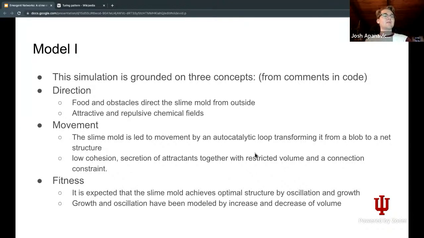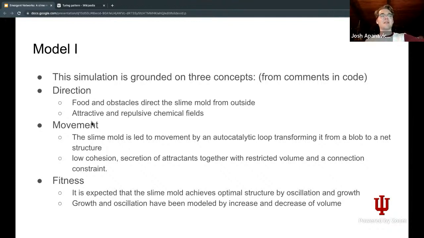He talks about some of the contact strengths. So low cohesion, secretion of attractant scalar with restricted volume. This makes sure that it's moving in the right direction. And so with just direction and movement, the slime mold just explores the environment pretty much randomly.